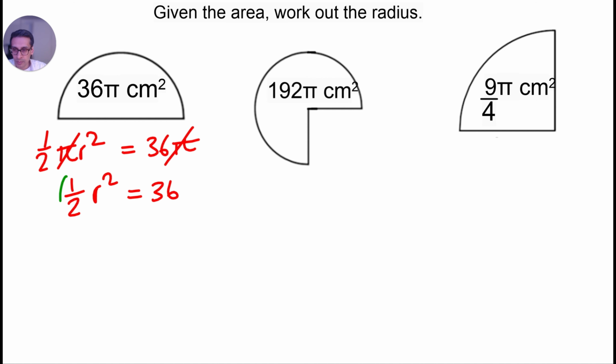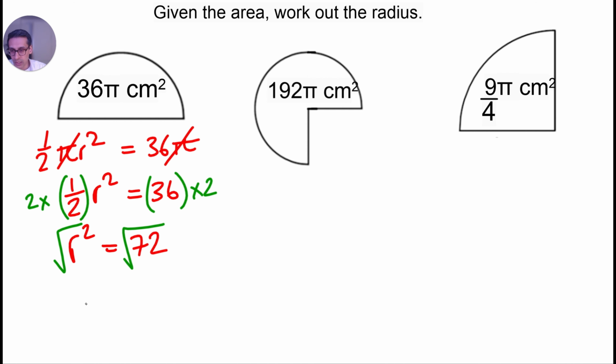We are then going to multiply both sides by 2 to get rid of the half. So we get r squared equals 36 times 2, which is 72. And then we're going to square root both sides.